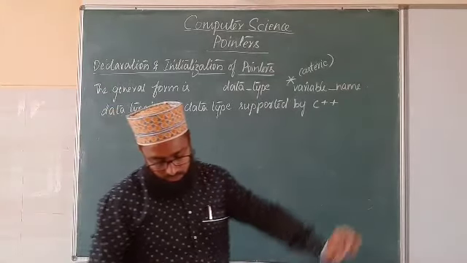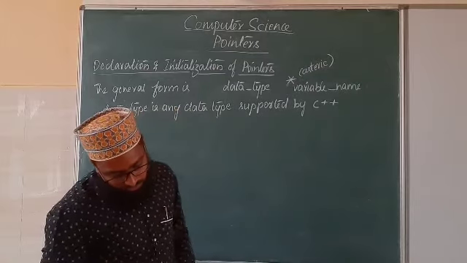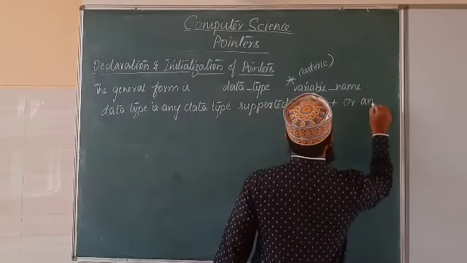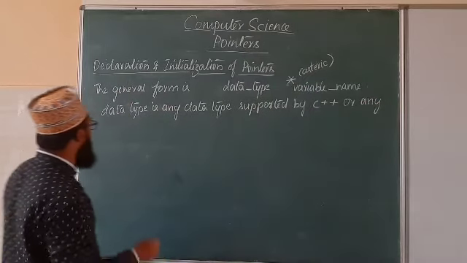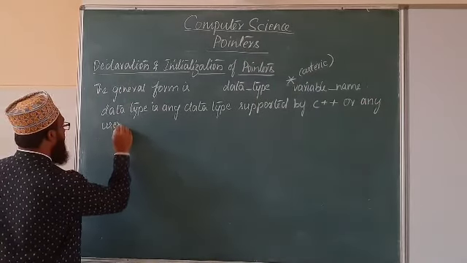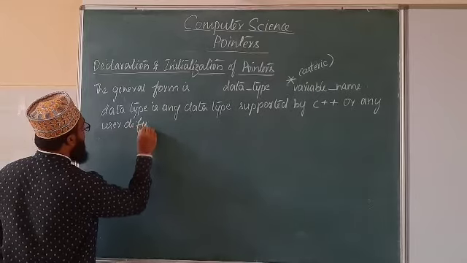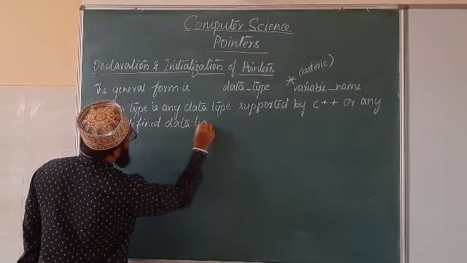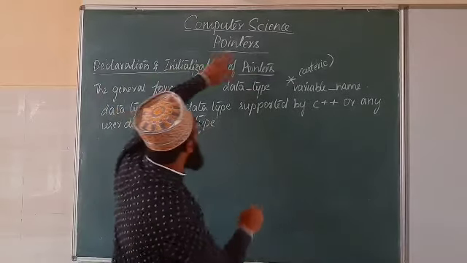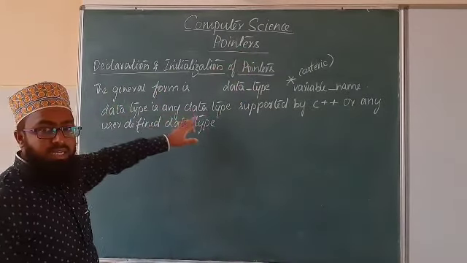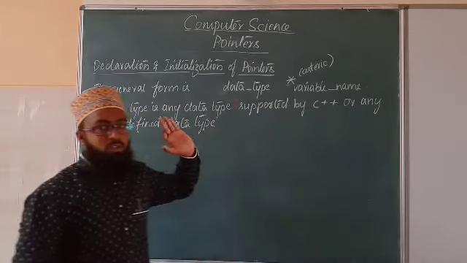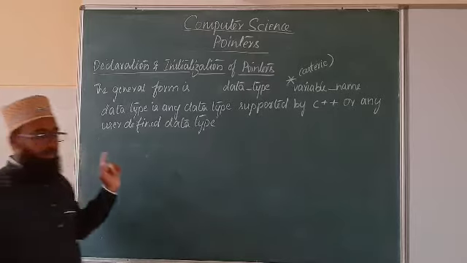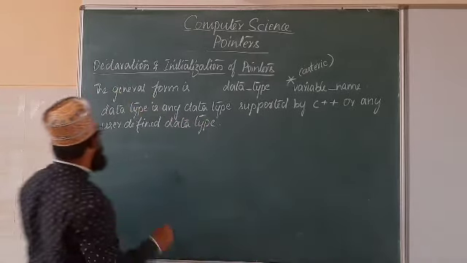These are the data types supported by C++, or any user defined data type also can be taken. This data type may be any data type which is supported by C++ or any user defined data type. And also variable name.